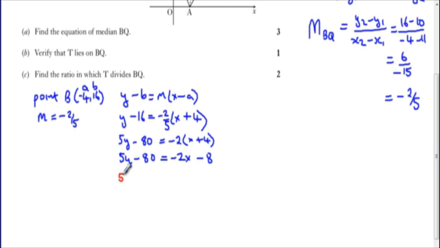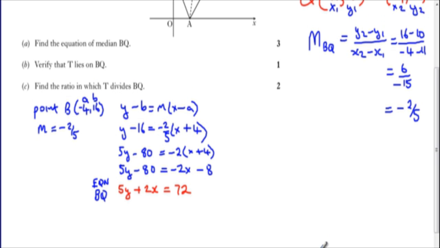And we can rearrange this to give 5y plus 2x is equal to plus 80 minus 8, which is 72. And this is the equation of BQ. Now, to verify that T 6, 12 lies on BQ, if we fit in the value of x equals 6 and y equals 12 into this equation for BQ, on the left hand side we should come up with the answer 72.